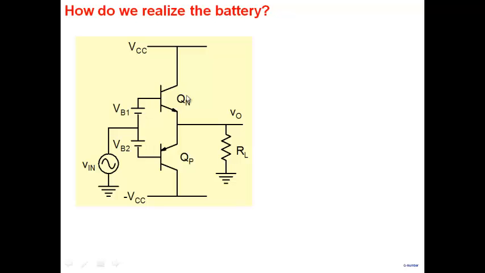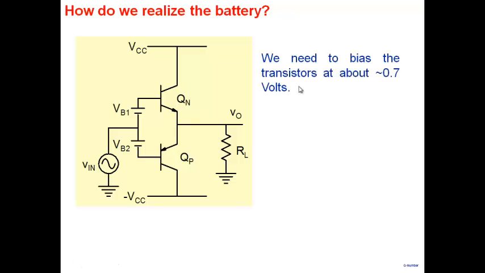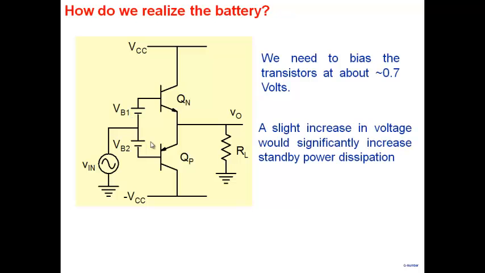The purpose of the battery is to keep Q1 and Qp conducting a small current, not a very large current, so that once the input comes in, the transistors turn on and V0 follows Vin. So the goal is to keep Q1 and Qp conducting at a small value of current, and how much current we need is something you have to decide. So we need about 0.65 or 0.7 volt here.